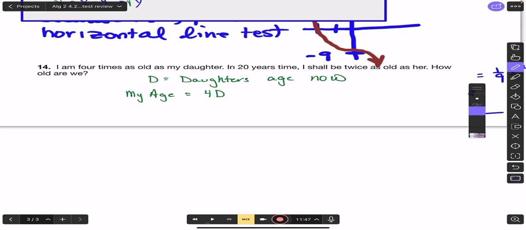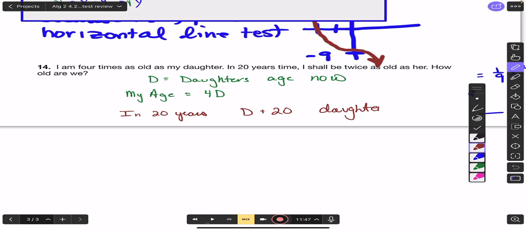So in 20 years, my daughter will be D plus 20. Oops, it's a terrible looking 20. That's my daughter's age in 20 years. If she was 5 now, she'd be 5 plus 20, 25.